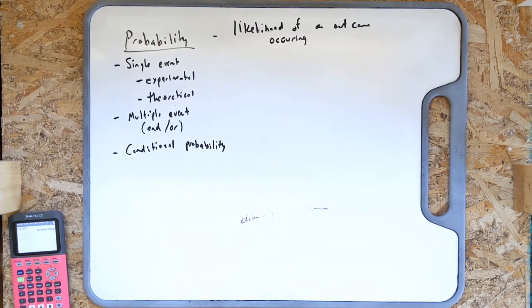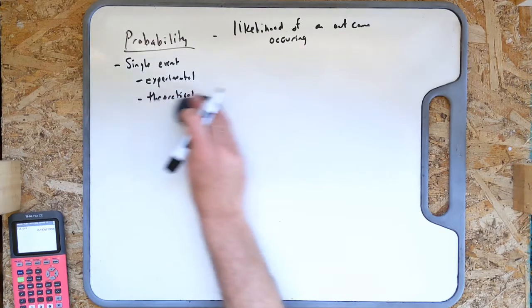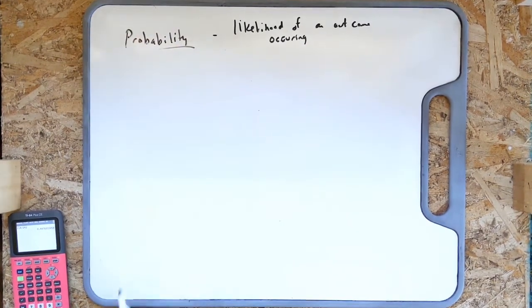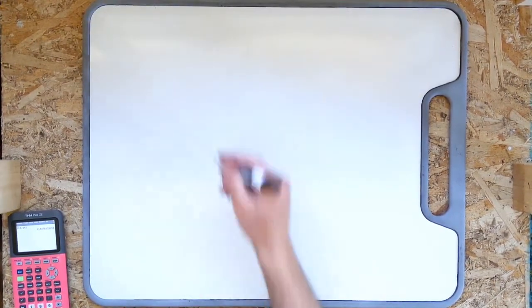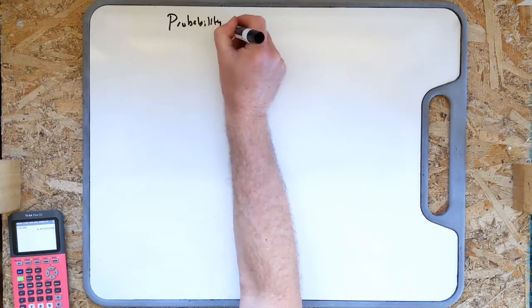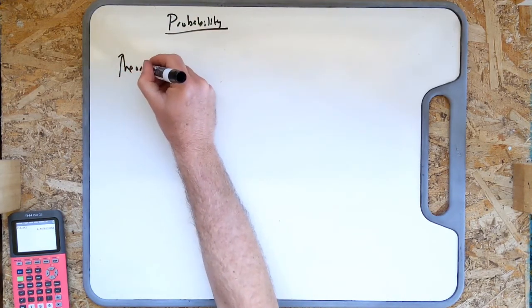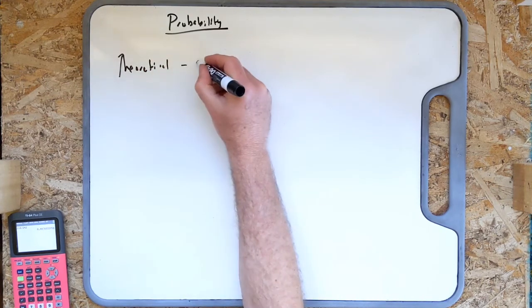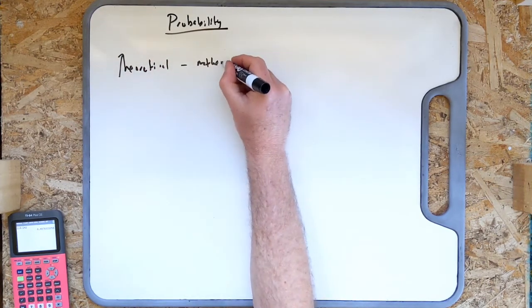Okay, the theoretical probability is mathematically calculated. In fact, let me erase some of this stuff so we have a little more room. I'll leave up the word probability. So theoretical probability is mathematically calculated.